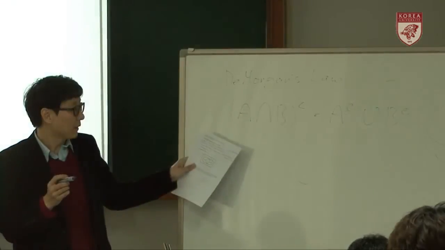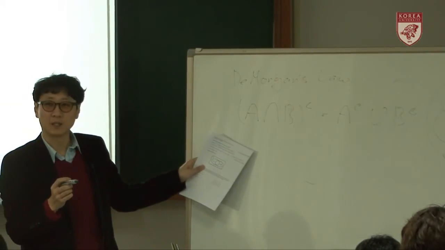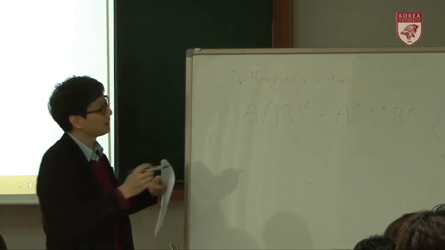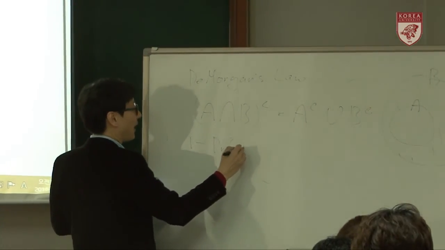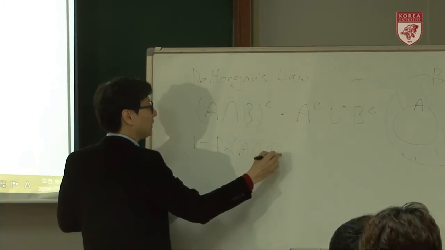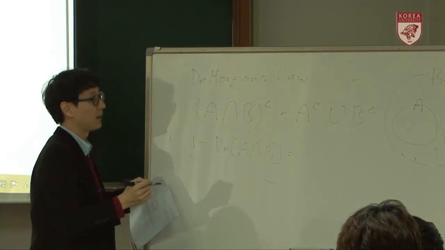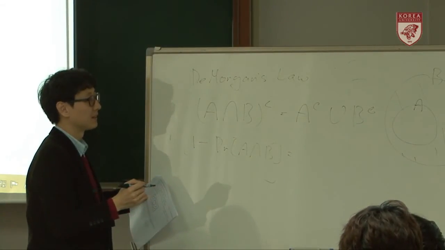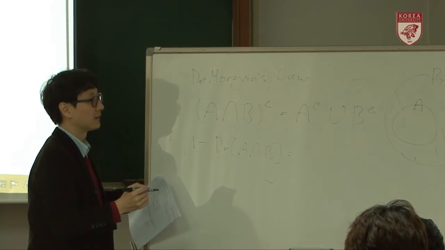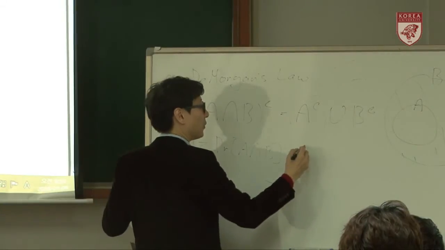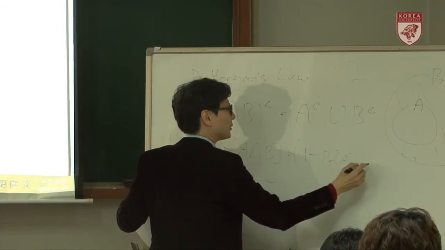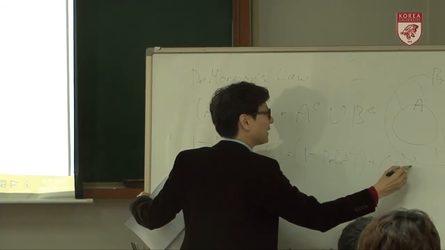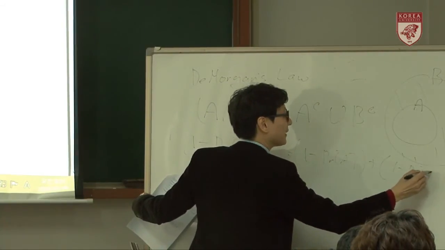The synonym of this De Morgan's law in the probability can be rewritten as 1 minus probability of A intersection B is equal to this one, 1 minus probability of A plus 1 minus probability of B.